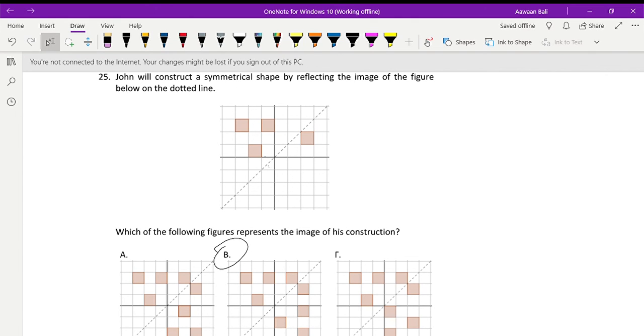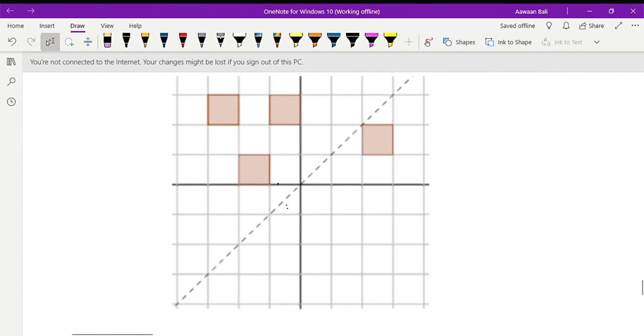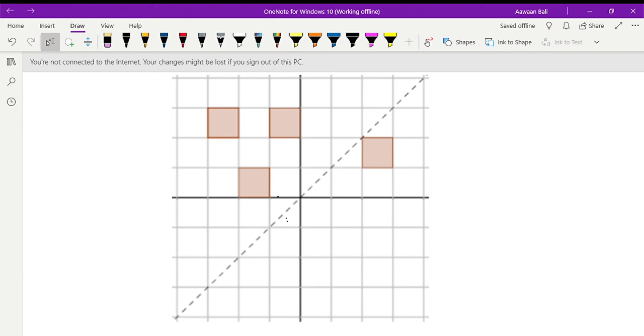John will construct a symmetrical shape by reflecting the image of the figure below on the dotted line. Which of the following figures represents the image of his construction? Okay, let's see. These just meet on the point, so we can say a square is here. If we want to do the exact thing, we know there are squares in between, so we put a square here, and there is a square here, and there's just one, so we could say it goes at least here, and then the last one here.